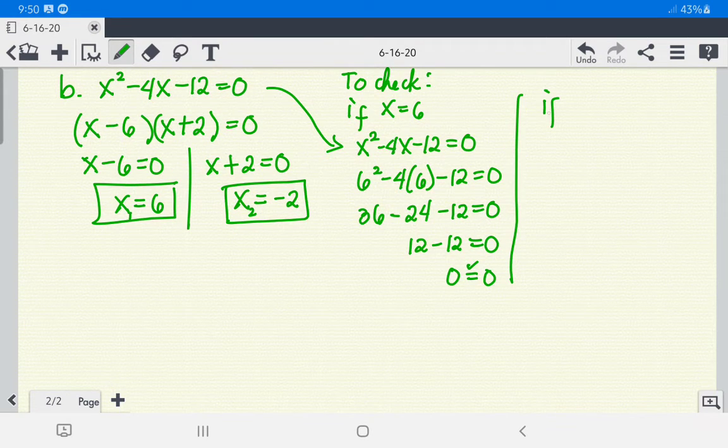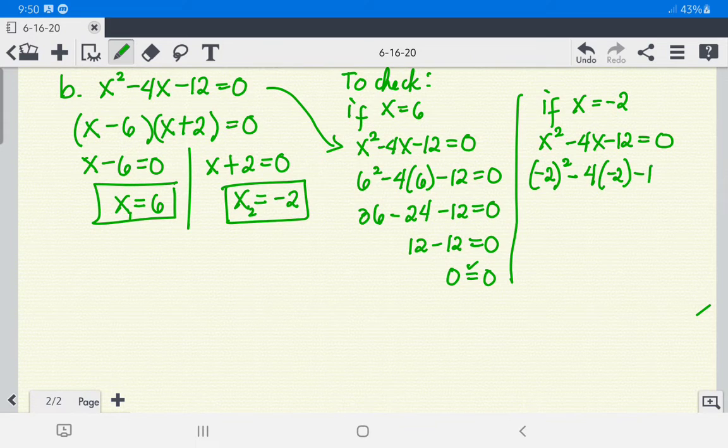Now if x is equal to negative 2, using again the original equation, x squared minus 4x minus 12 equals 0. So we have negative 2, enclosed in a parenthesis, raised to the second power, minus 4 times negative 2 minus 12 equals 0.